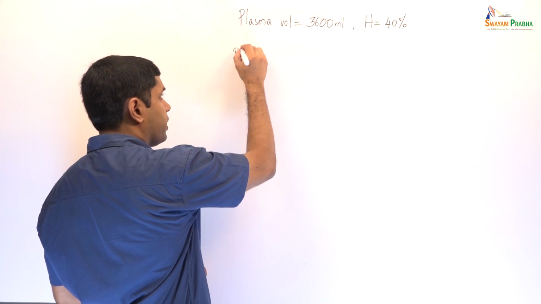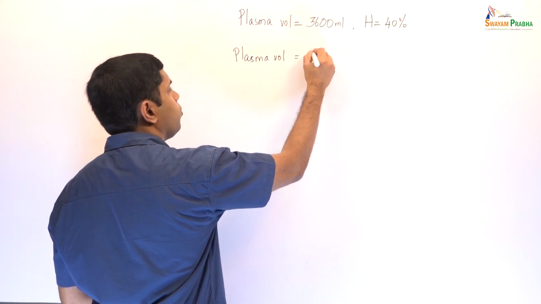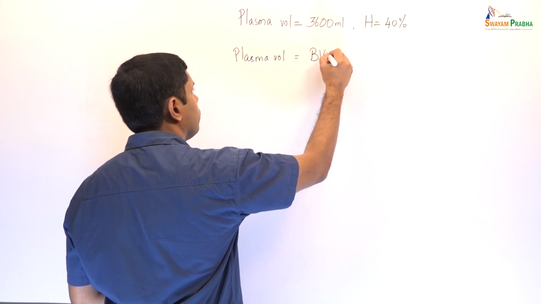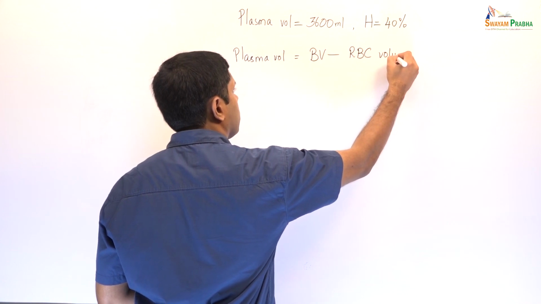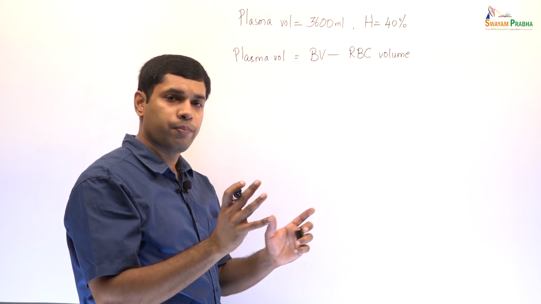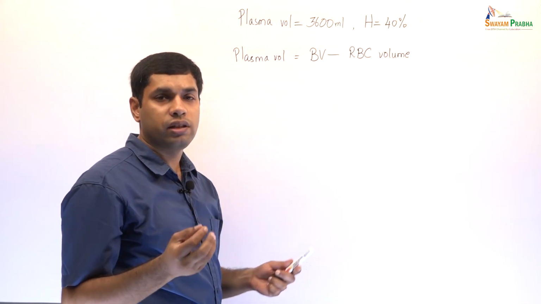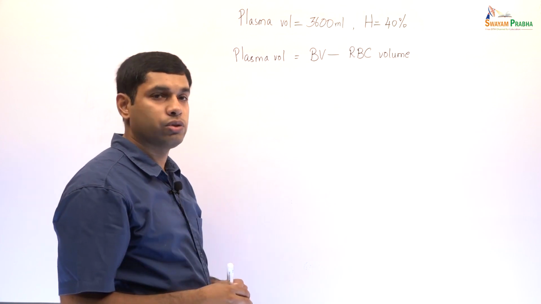So, we know that the plasma volume is equal to the blood volume minus the RBC volume, or plasma is blood minus the RBCs. Now, we are ignoring the volume that is occupied by the WBCs and the platelets because that is negligible.